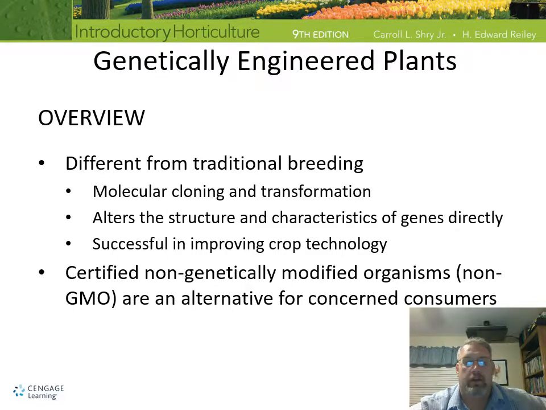A really common example of genetic engineering that happened over many, many years is corn. Corn was basically not really an edible product when we first started growing it. We started to find corn that was more edible, it had more kernels, and we started breeding the corns that had the most kernels together until we have the corn that we have today.